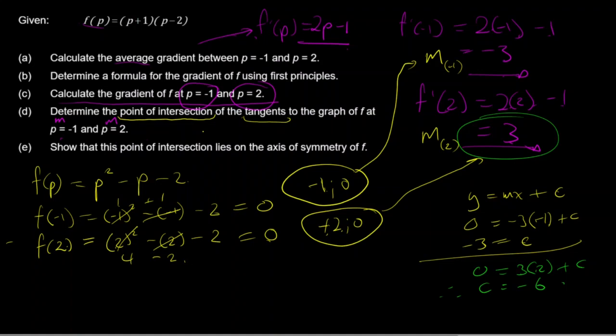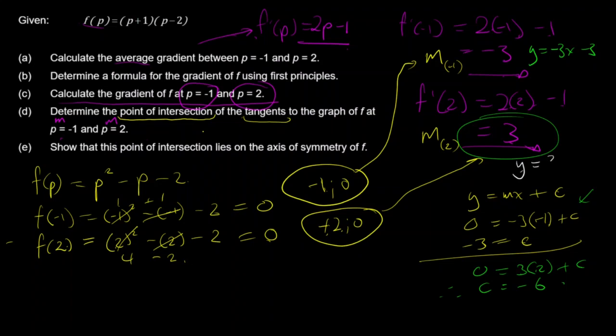Therefore we have two equations. For the first one, y is equal to -3x minus 3, and for the second one, y is equal to 3x minus 6.